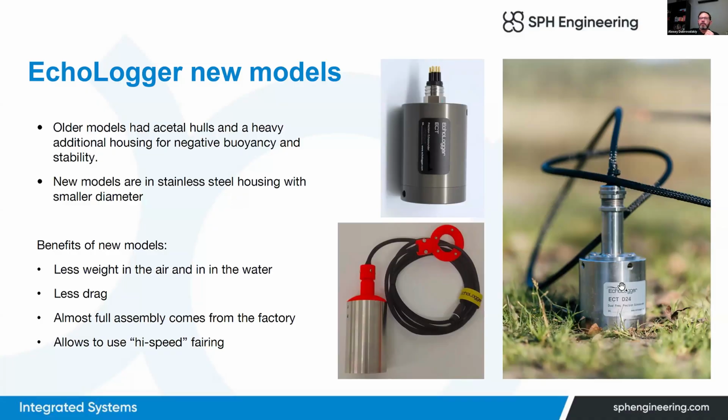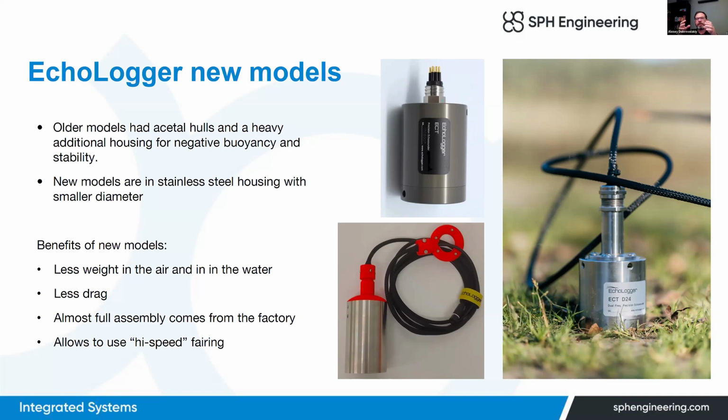So together with Echologger, we designed a new line of sensors especially for airborne use. Of course, they can be used for unmanned and manned boats as well. What is the main difference? Instead of an acetal casing, the echo sounder itself has a stainless steel casing.